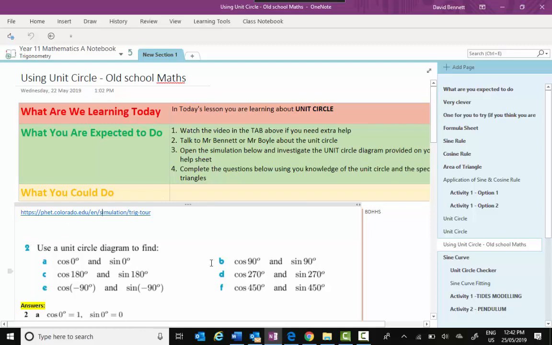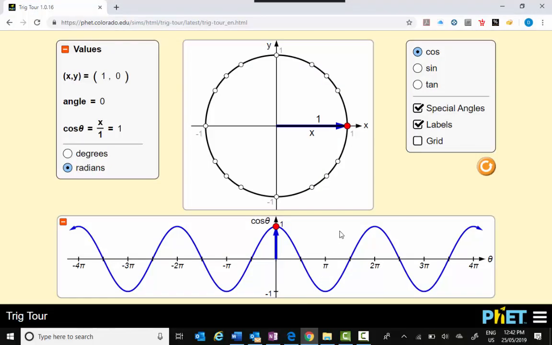If you open that link up, it will take you to this PhET simulation, which will allow you to have a look at the unit circle. Now, the unit circle itself, we're going to be looking at some specific angles: 30 degrees, 45 degrees, 60 degrees, 90 degrees, and then multiples of 180 degrees, another 30, another 45, another 60, 270 degrees.